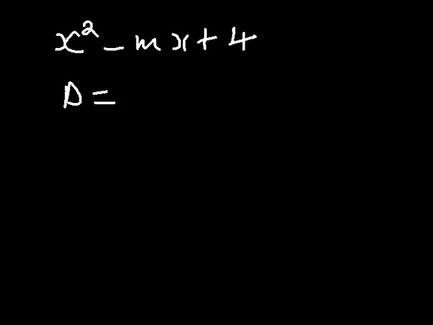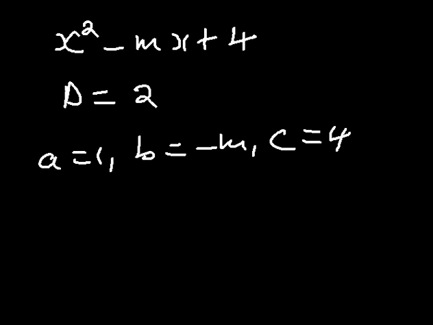Let's say we have the quadratic expression x squared minus mx plus 4. Assuming that the discriminant of this quadratic expression is 2, what is the value of m? Now in this case, a is 1, b is negative m, and c is 4.